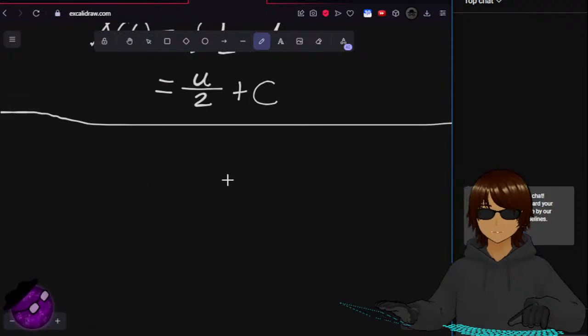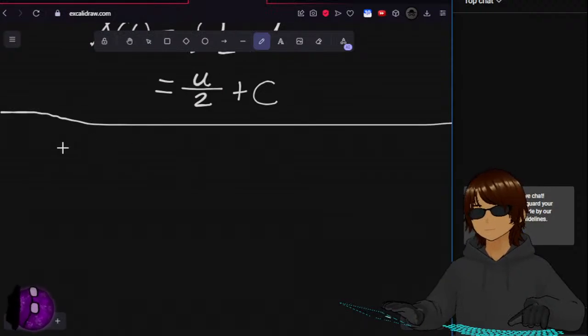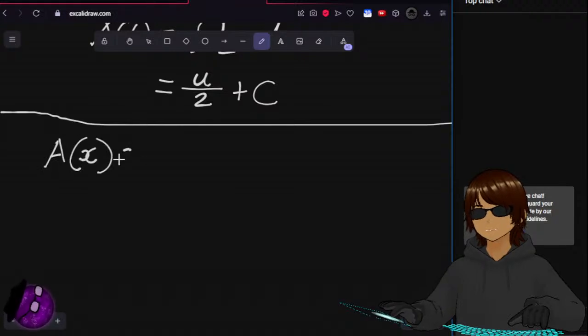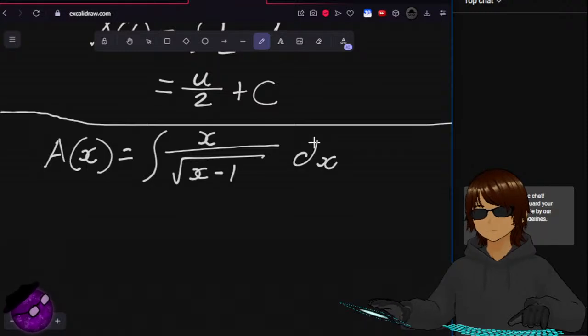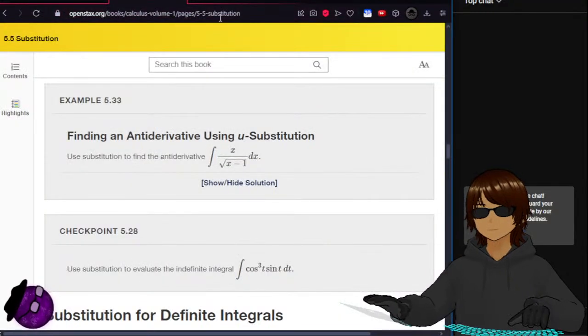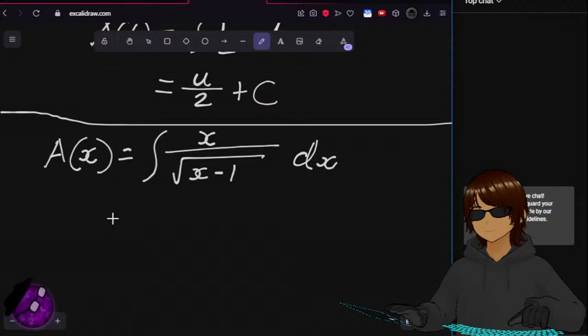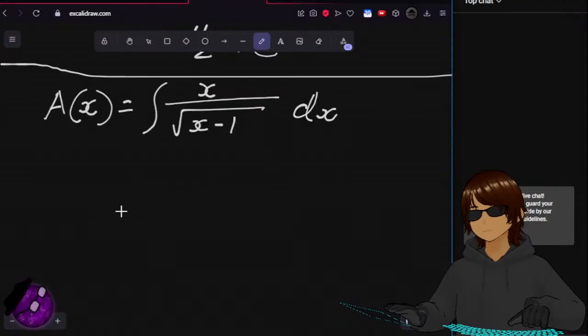So what are they doing here? Antiderivative. So the integral of x divided by x minus root x minus 1 dx. Let's find the derivative of this.